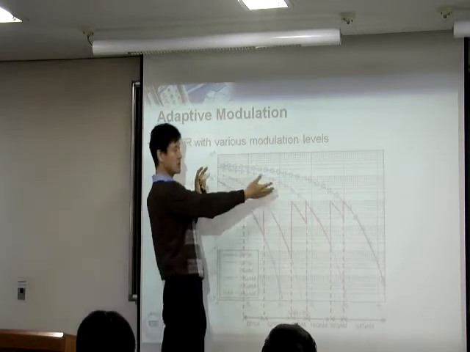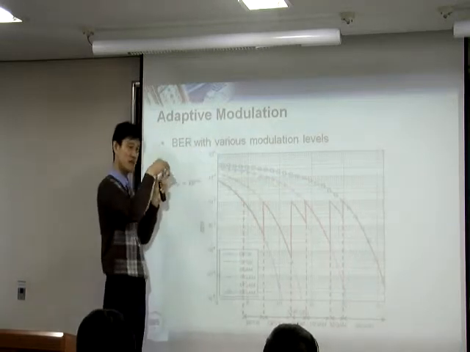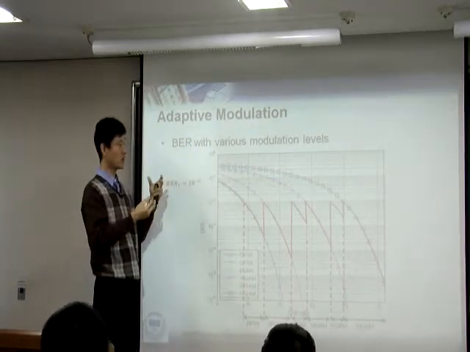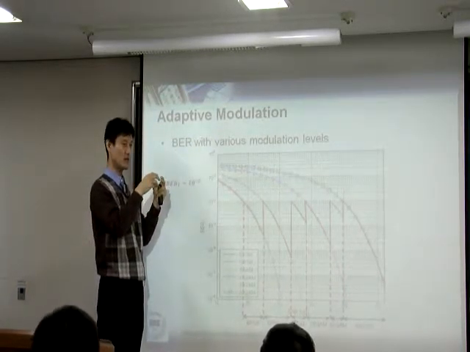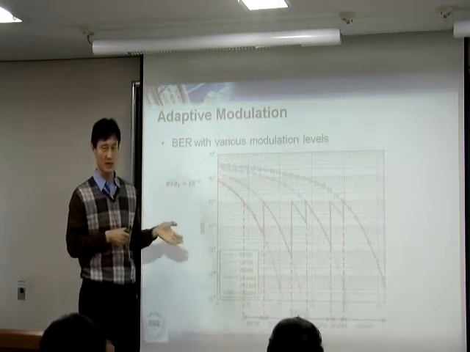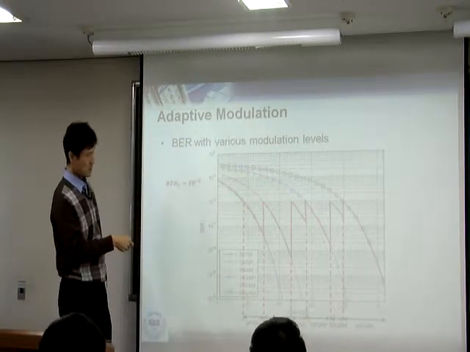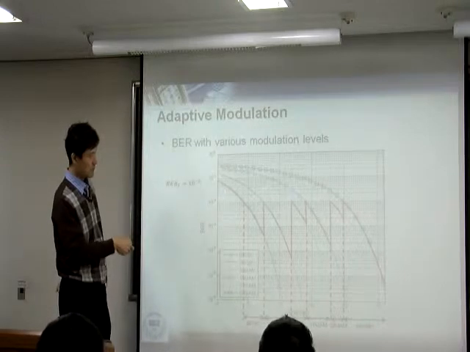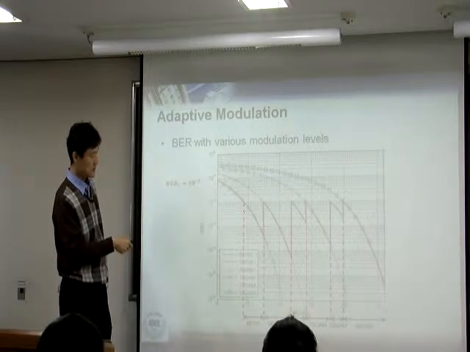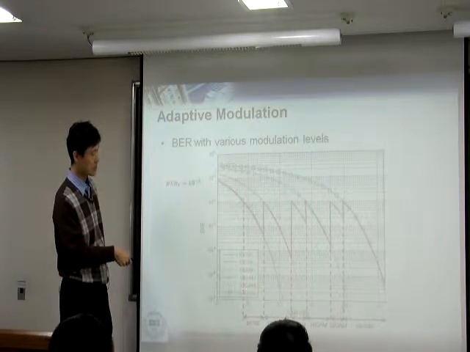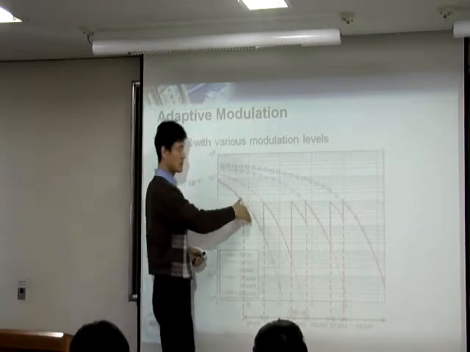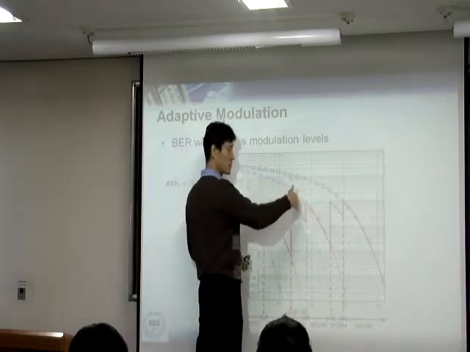If the channel condition is good, we have more bits in there. If the channel condition is bad, we may have 1 bit. So we always have to think about symbol error rate. From the symbol error rate perspective, we have the symbol error rate for BPSK here, QPSK here. As you have higher modulation, your symbol error rate goes further to the right.